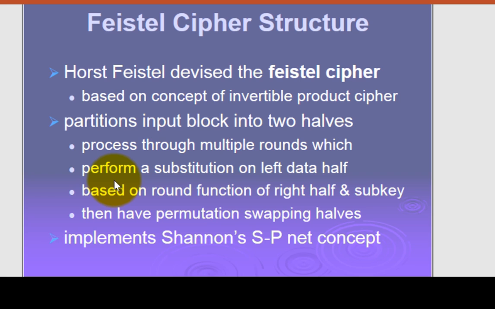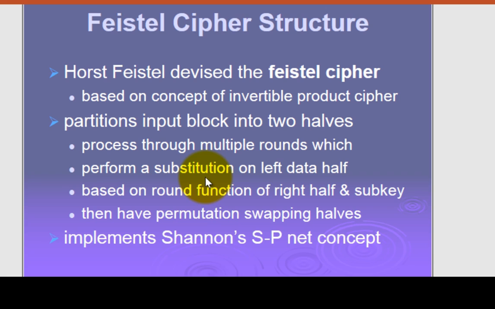In this Feistel cipher structure, you divide the plain text block into two equal halves. After dividing that, you process multiple rounds for better complexity.